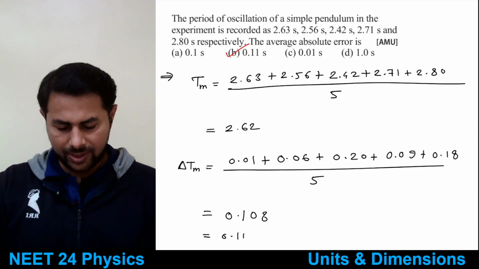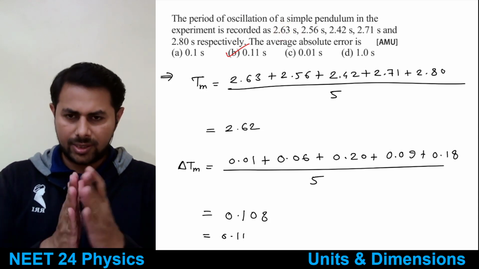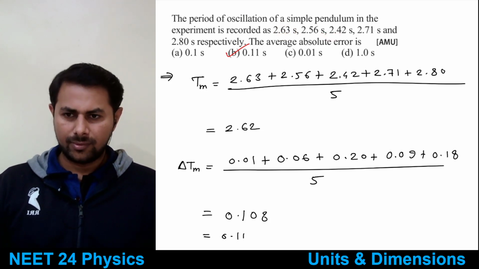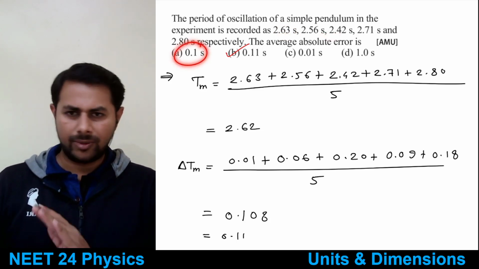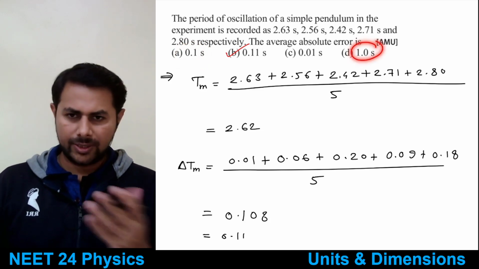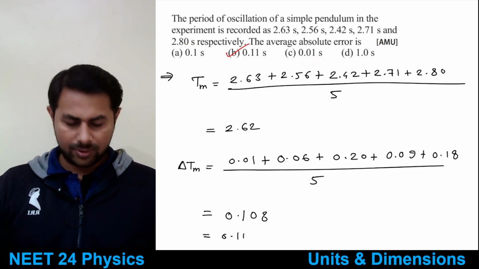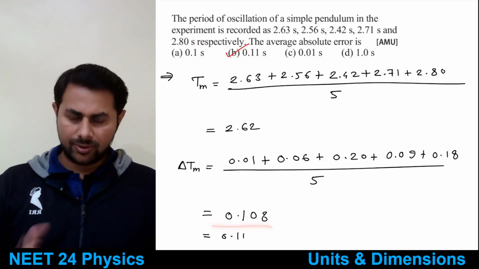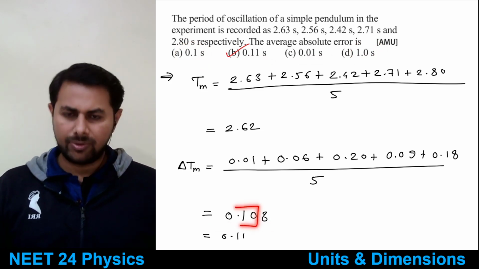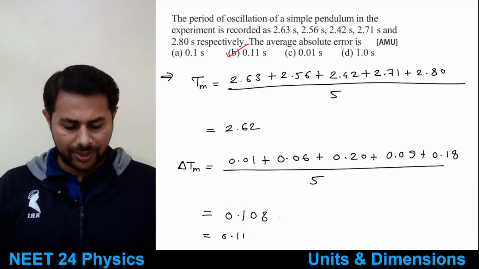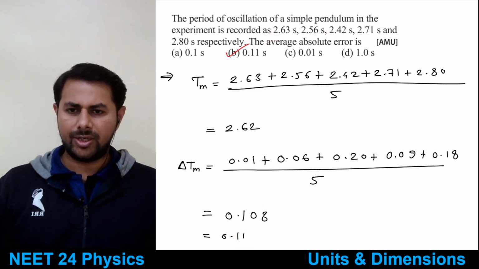Okay, actually the error should have the same resolution as that of the reading. That's the first rule. Okay, so 0.1 doesn't have, 1.0 doesn't have, so it has to be between this one and this one. So my calculation is 0.108, and I am rounding it up to the same significant digits after the decimal point as that of the readings. So that's why it is 0.11.